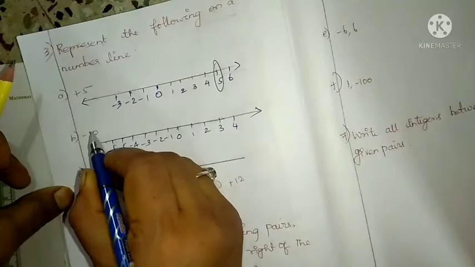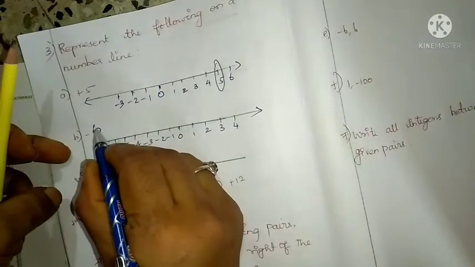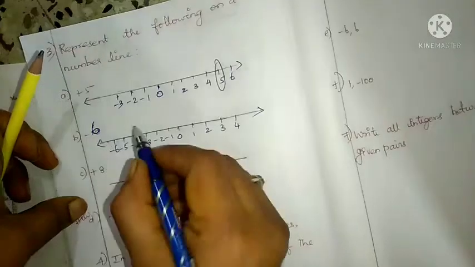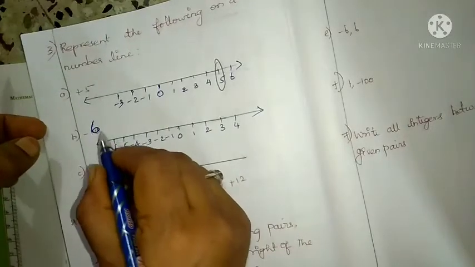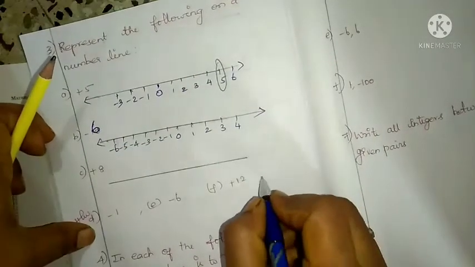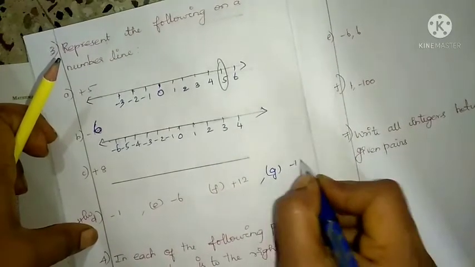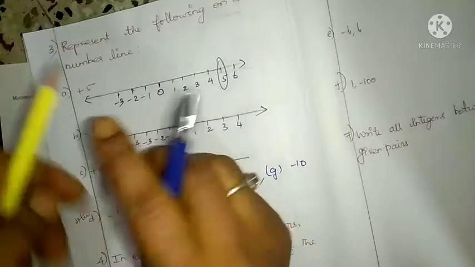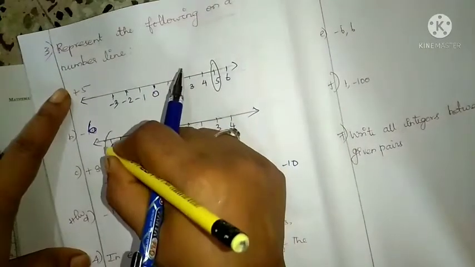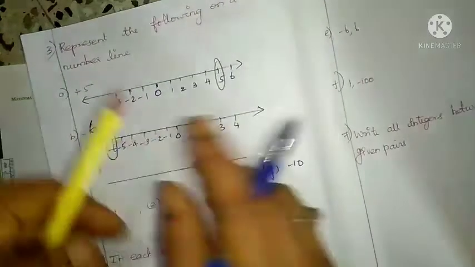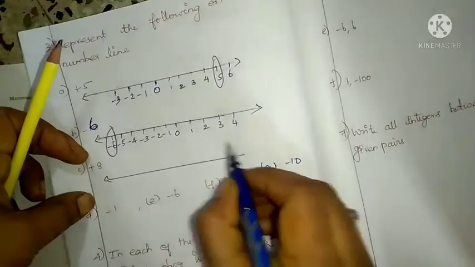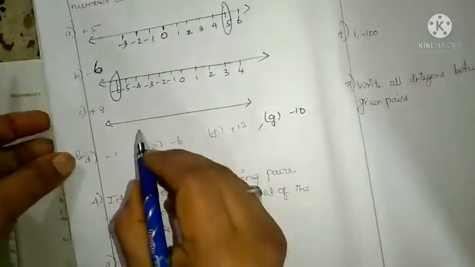So I'll change the question to -6, because I don't have space, so I change the number. You can write this as homework. So where is -6 here? Always the negative number is on the left-hand side. So for this adjustment you can do it like this.